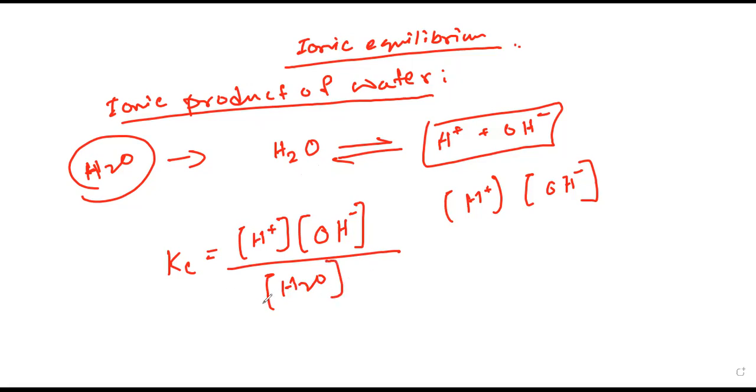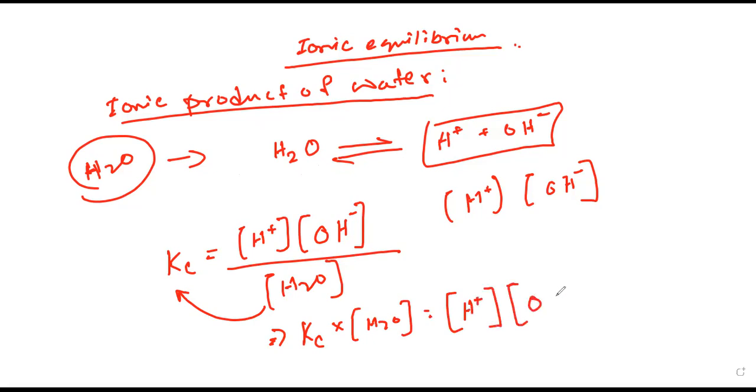If we move this H2O to the left-hand side and multiply it with Kc, we get Kc times the concentration of water, which leaves us with the product of the concentrations of H plus and OH minus.